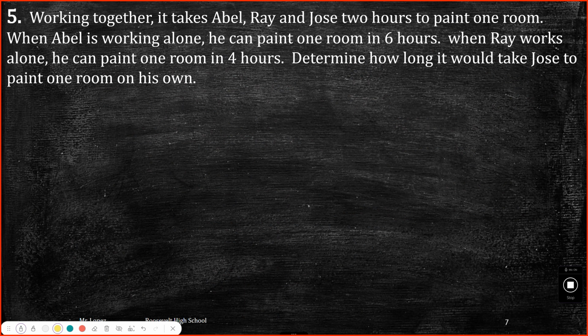Working together, it takes Abel, Ray, and Jose 2 hours to paint one room. When Abel works alone, he can paint one room in 6 hours. When Ray works alone, he can paint one room in 4 hours. How long would it take Jose to paint one room on his own based on this information?